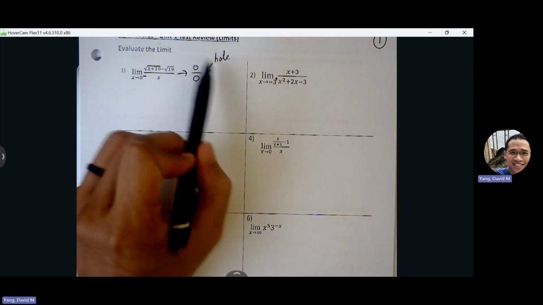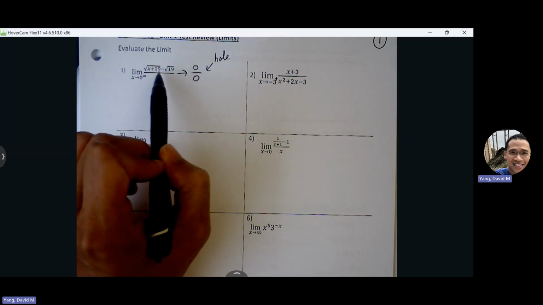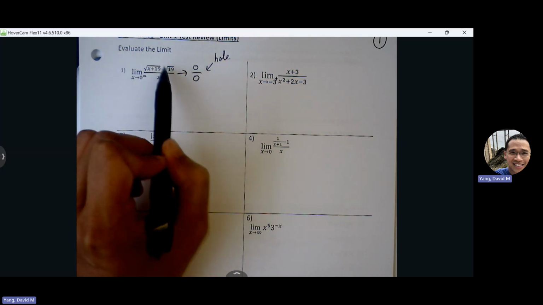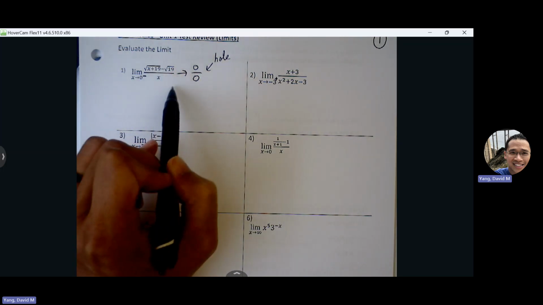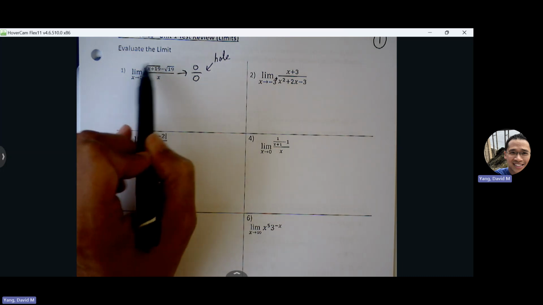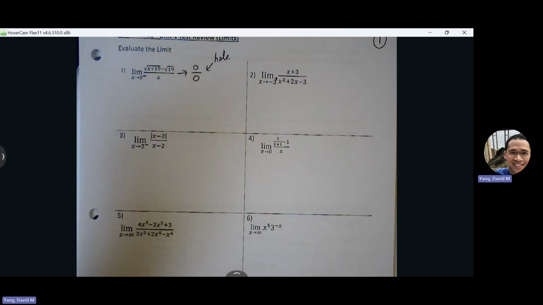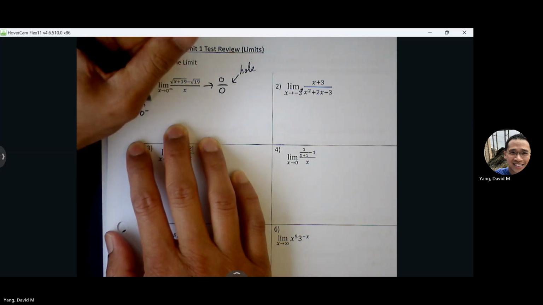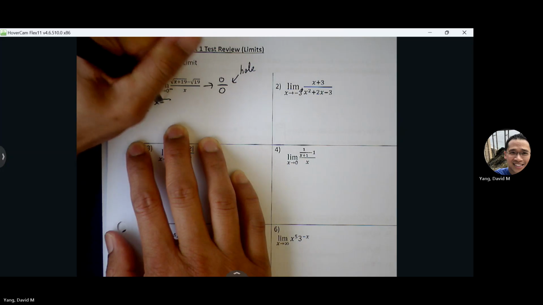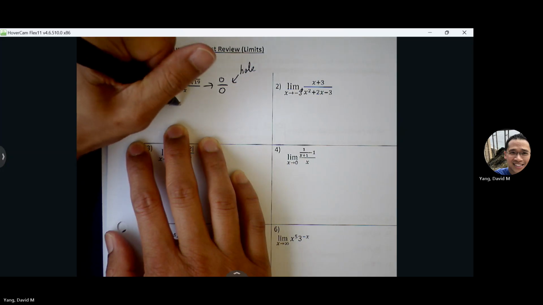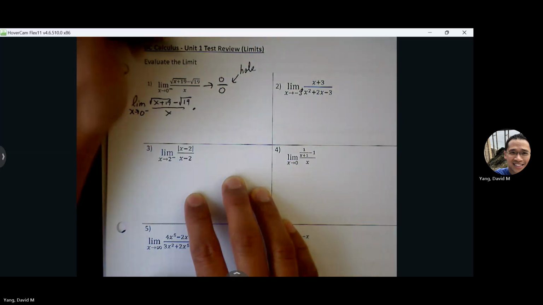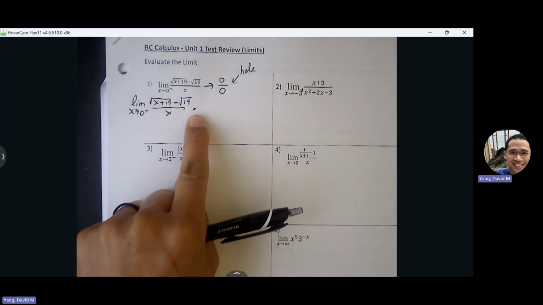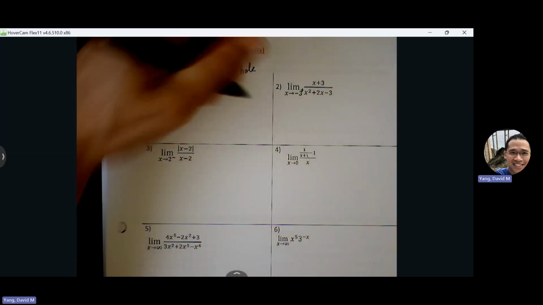Okay, there's a specific strategy for this, right? If we see radicals here, we know it's hard to cancel out. We know it's not factoring. We're going to go through our conjugate method, right? So I need to multiply the top and bottom by the conjugate of the numerator.